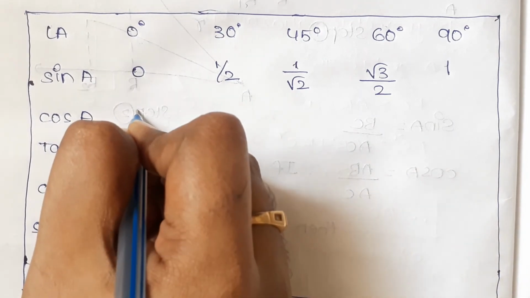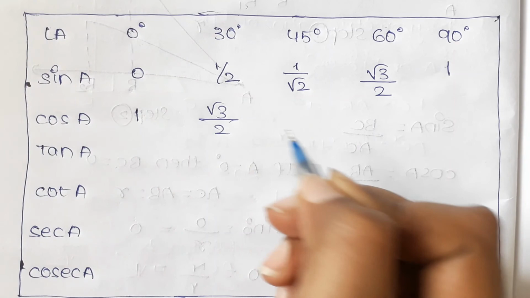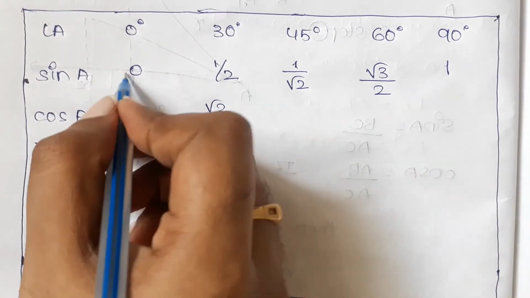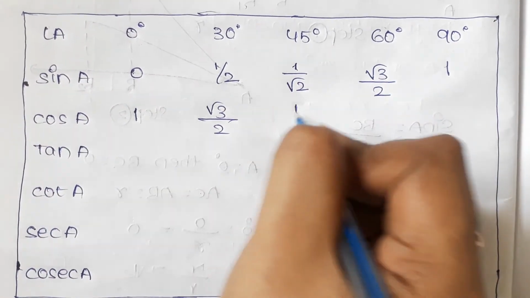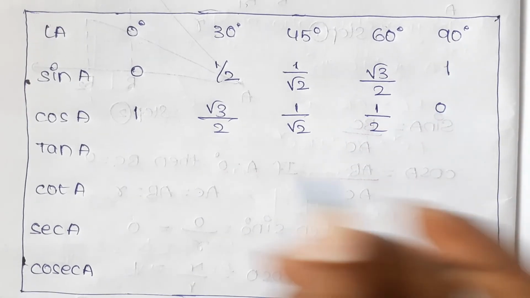Similarly cos A, that is cos 0 is 1, then root 3 by 2, and it is just reversed backwards, and 1 by root 2, 1 by 2 and 0.